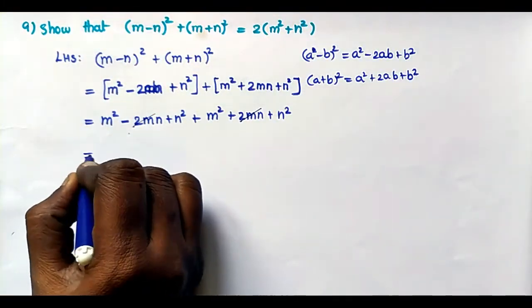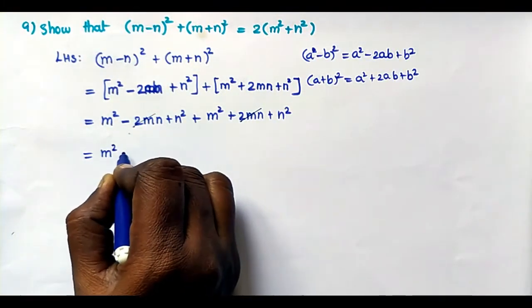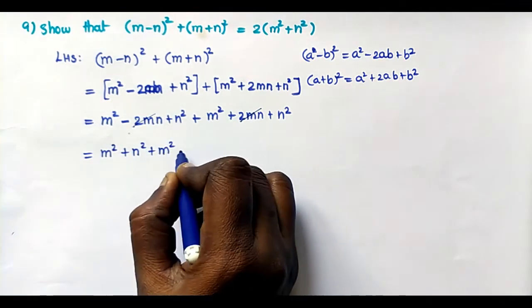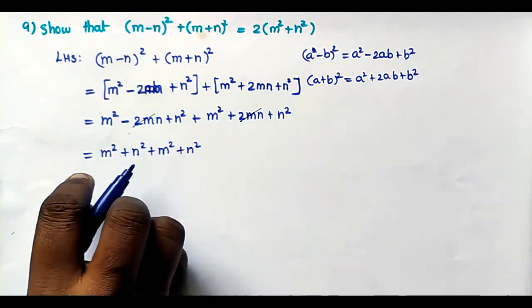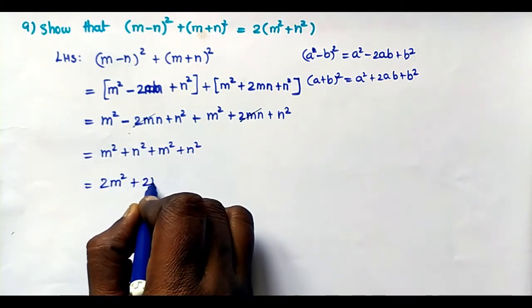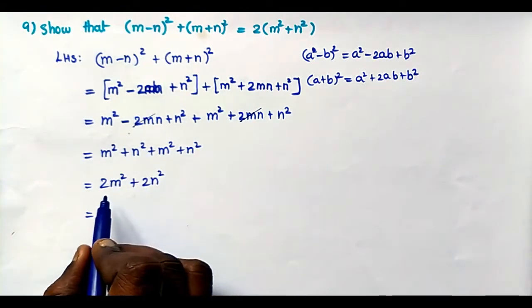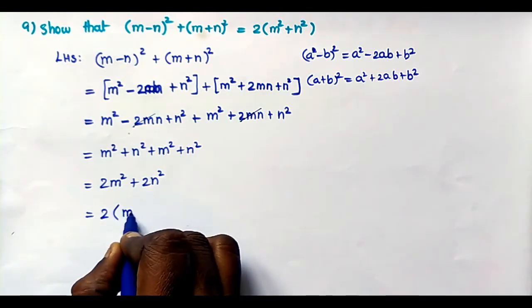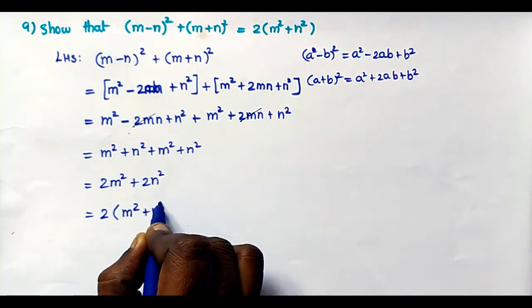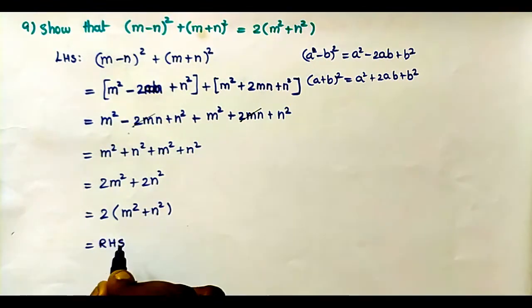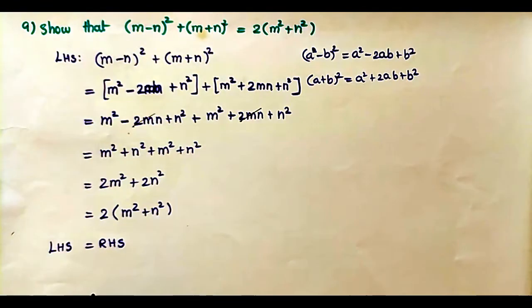So write down the remaining terms. Here 2m squared and 2n squared is there. Take out the 2 as common. Inside the bracket m squared plus n squared is there. That is the RHS. So LHS equal to RHS. Hence true.